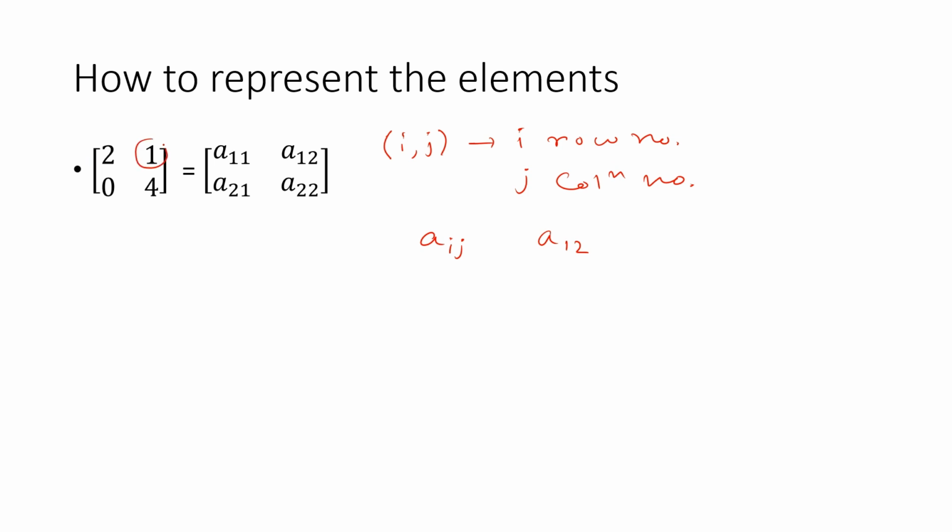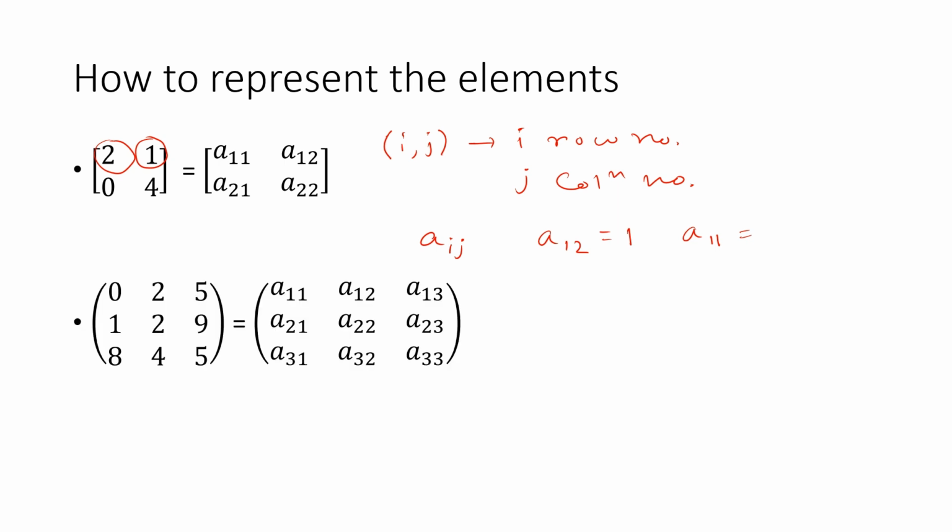That is 1. So a12 equals 1 in this example. If we write a11, that means the element at the first row and the first column, that is 2 here. In this way, we write the elements in the general form.